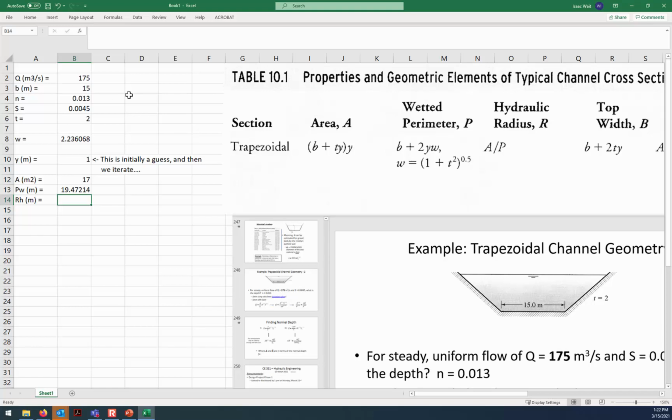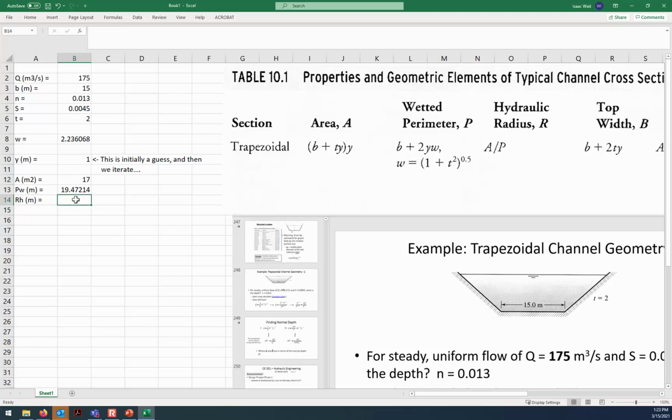And so remember, wetted perimeter is where the water is in contact with this concrete material. So we'll have 15 meters of perimeter on the bottom, and then the other 4.47 comes from the sides.